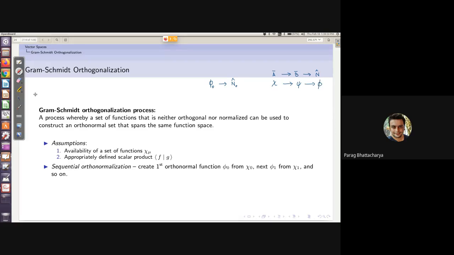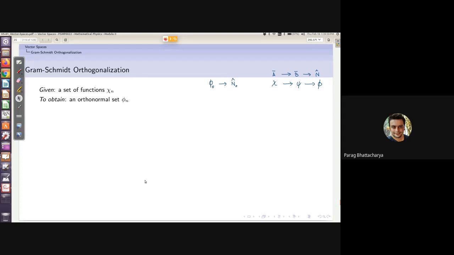These are the steps. So you get this phi naught, the normalized first one, directly from chi naught, because n naught we get from a naught. So get the first orthonormal function phi naught from chi naught. Next phi 1 from chi 1, and so on. That is known as sequential orthonormalization.